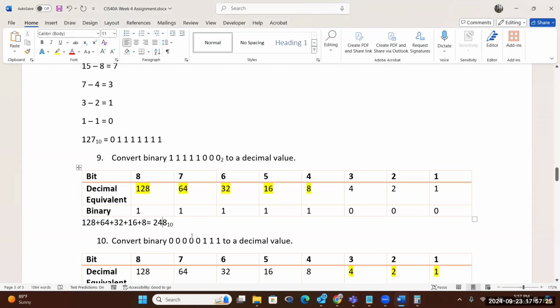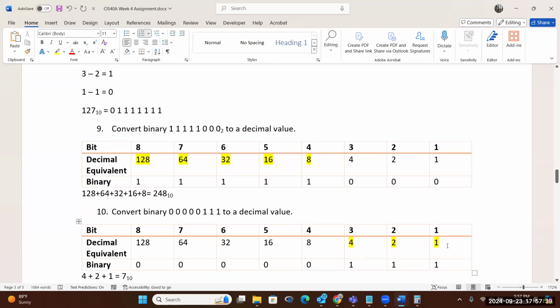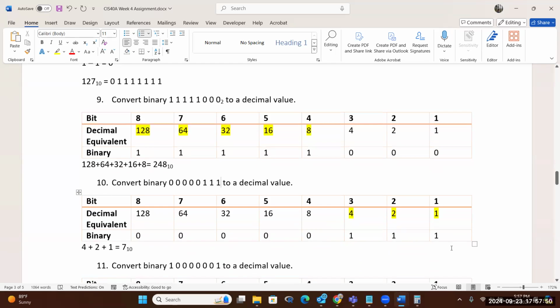So again, when we look at number 10, we're given this binary value. It's starting to gel already, right? You say 1, 2, 4, add those up and you have it. How? Well, you start with the same scale, multiples of 2 from right to left, starting with 1. Then you place the binary value underneath that scale.